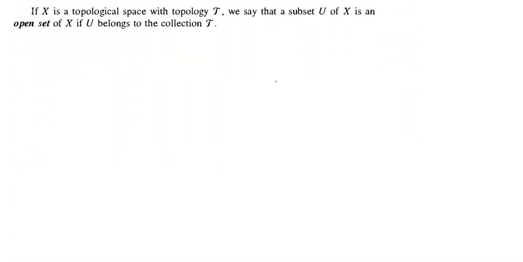Okay, next is the concept of open set. If X is a topological space with topology T, we say that a subset U of X is an open set of X if U belongs to the collection T. Okay, so it's very simple.